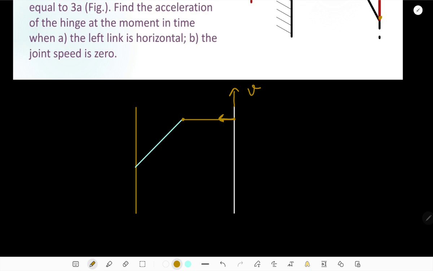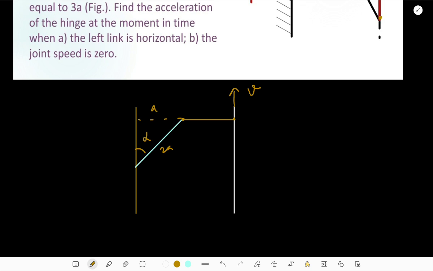So nothing else. This velocity is 0 here, and if I tell this angle is alpha, this angle is again alpha, pi by 6, because this length is again A and this length is 2A, and everything reversed. If I reverse everything, this is the same problem.